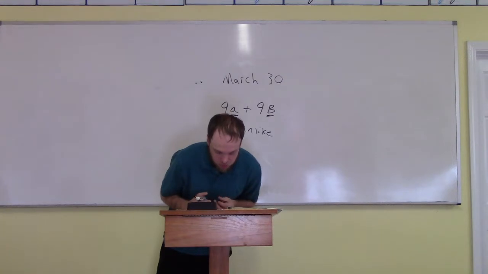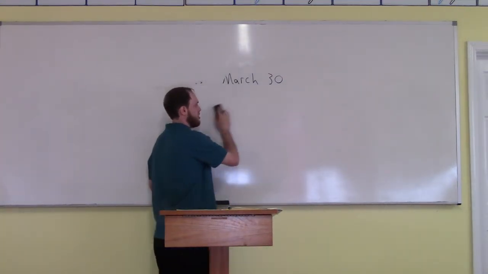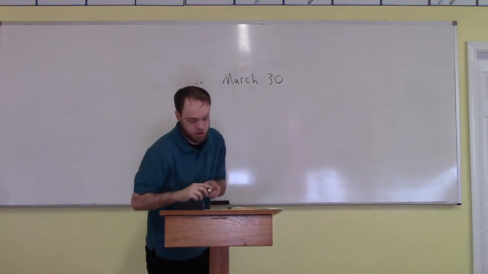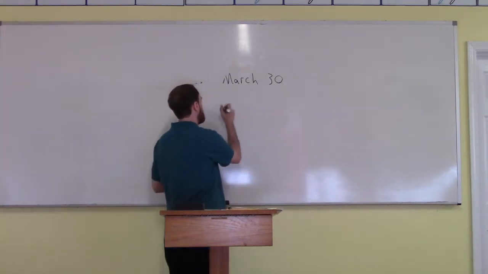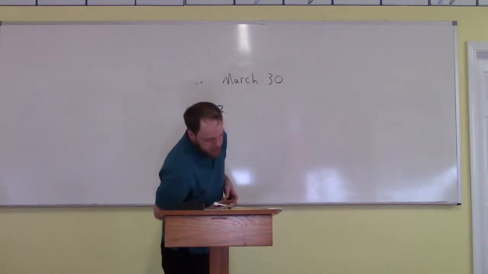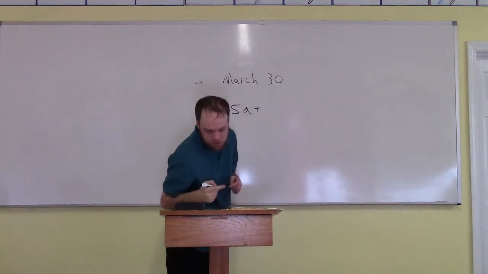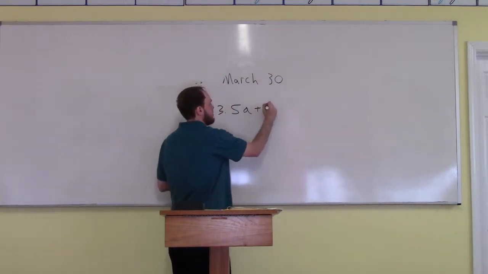If you look at number 3, I'm basically going to go through the odds like we normally do, and then I'll give you the evens to do for work. So number 3 says we have 5A plus 5AB.